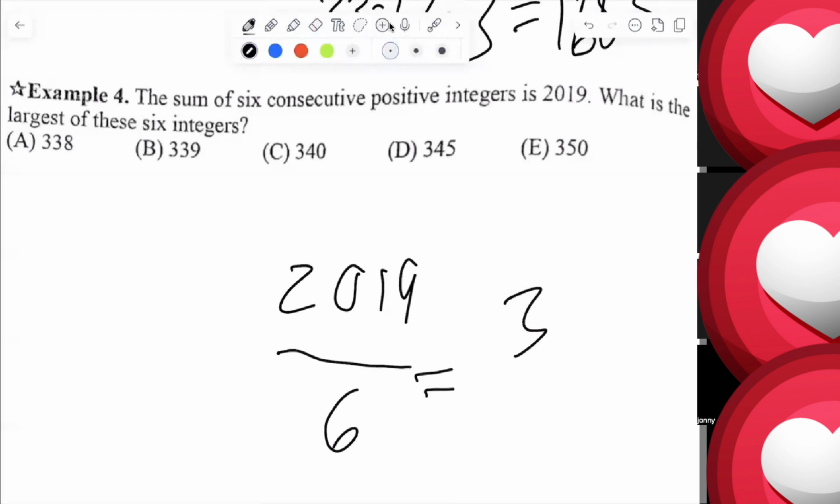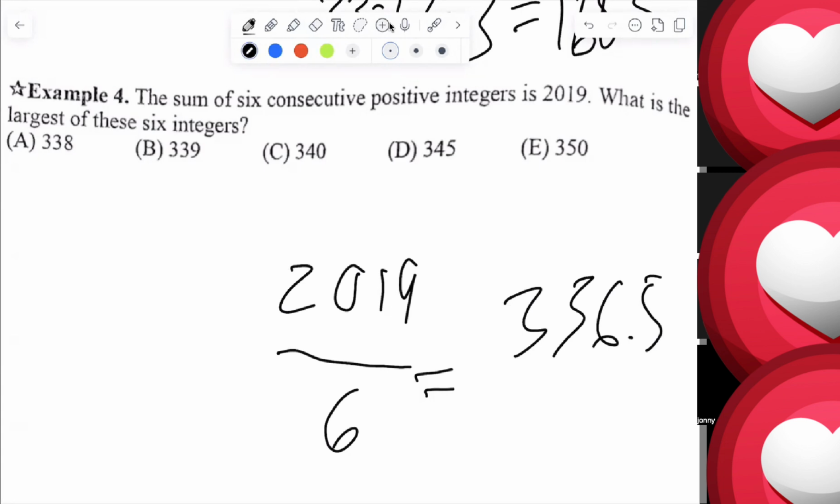And 21 goes into 6. That's 3. 39, that's 6.5. Yeah, it's 336.5.